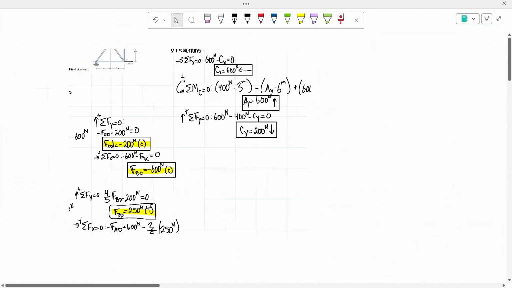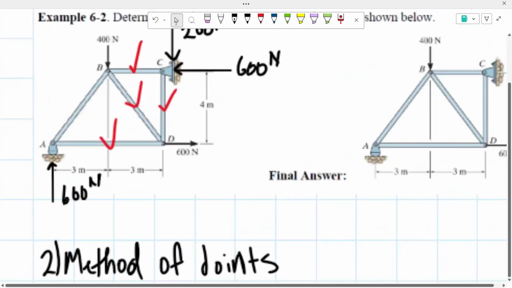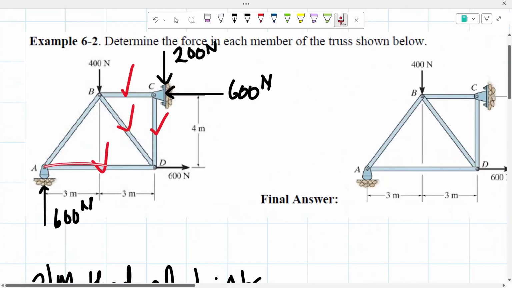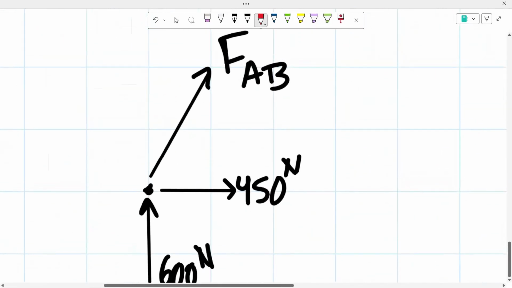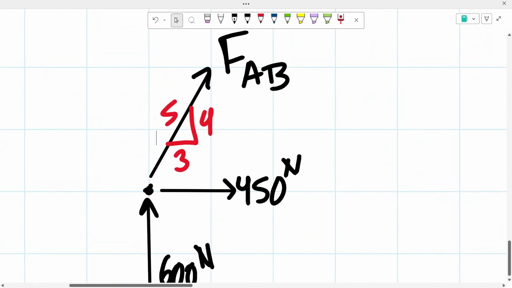Remember, once again, we know that this triangle right here is a 3, 4, 5 triangle because it's given to us that this side is 3 meters long, this side is 4 meters long, so we know that this side will be 5 meters long. 3, 4, 5.